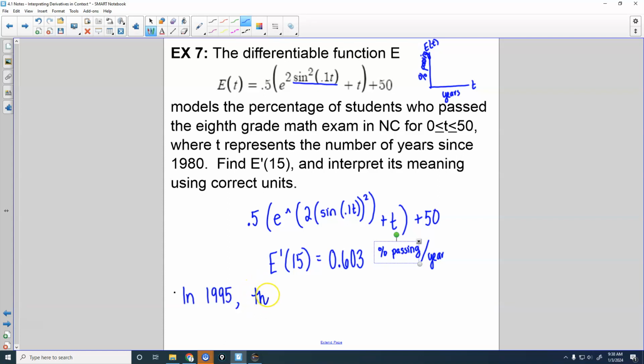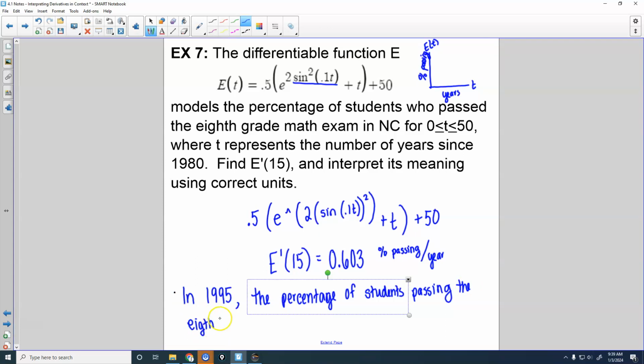So the percentage of students passing the 8th grade math exam in North Carolina was, okay, are we increasing or decreasing?